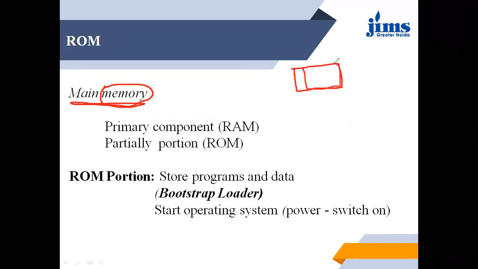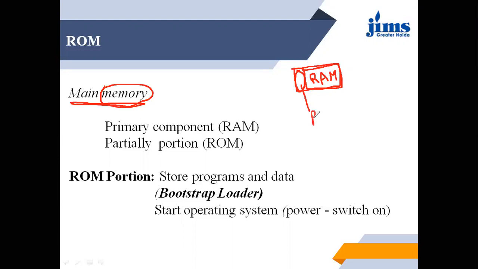When we have a memory, the primary component of that is RAM. Wherever, there is some part that is called ROM. So in computers, there is some little portion that works as a ROM.